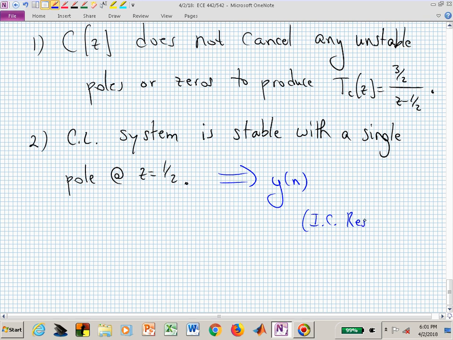What's the structure of the initial condition response? Can you tell them? Where's your closed loop pole? It's at 1/2. What does a pole at 1/2 tell you? Does that tell you anything about the way that system's going to shake?